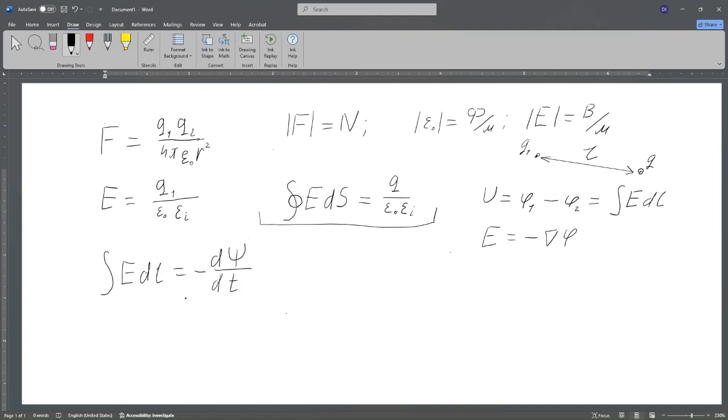The electrical point is the tension of electrical fields, and the magnetic point is the linkage of fluxes. Fluxes may be several, not one.